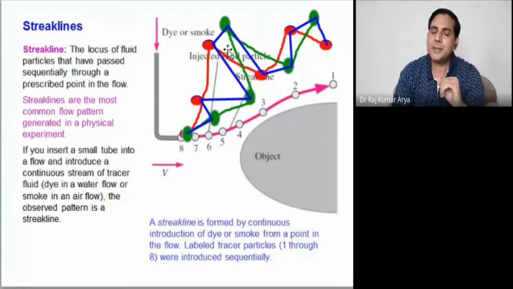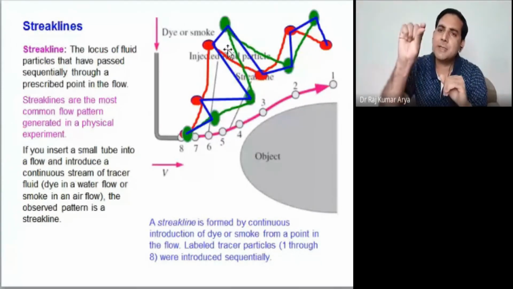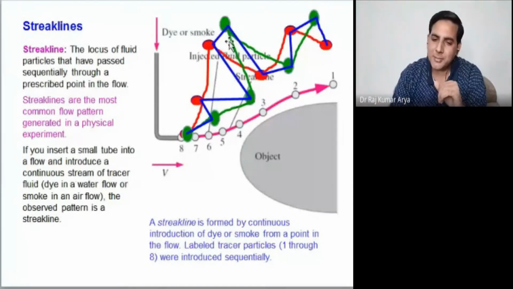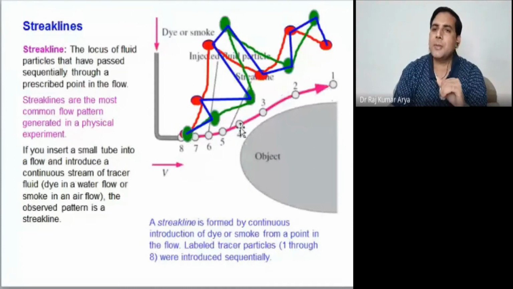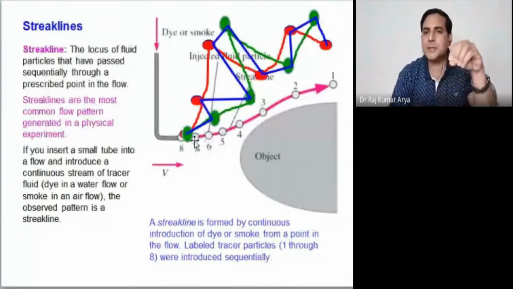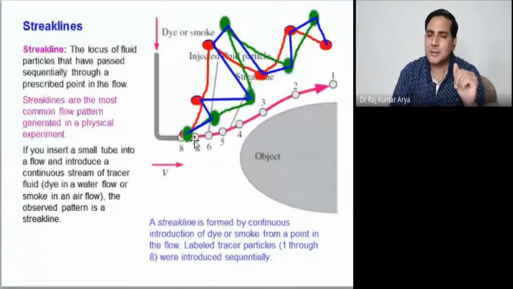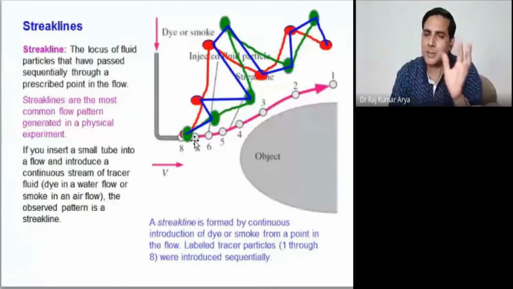What does the streamline flow pattern say? If you are focusing on a particular point, whatever goes through it all goes into the same line. So this line you have drawn here is the streamline flow pattern. In a streamline, the particle behind is also just following the same pattern. That's what we Indians all try to follow in our career too. One guy from the village became a computer engineer, so another is moving right behind him.